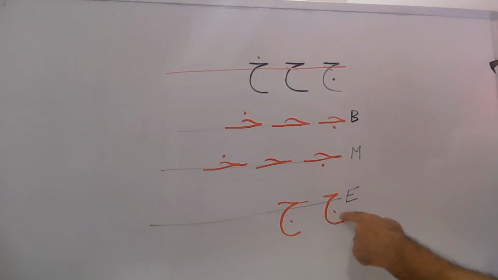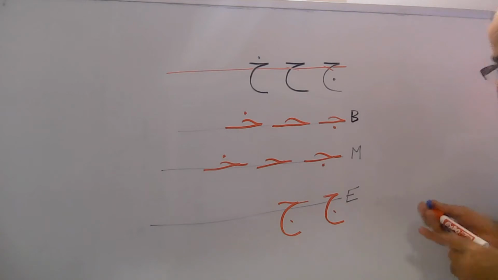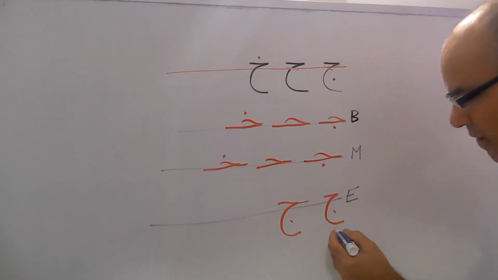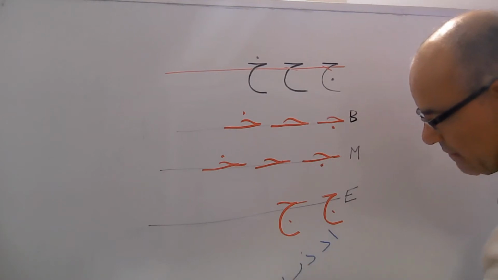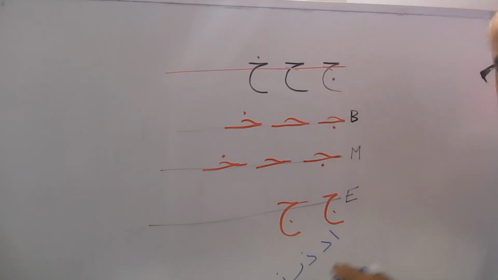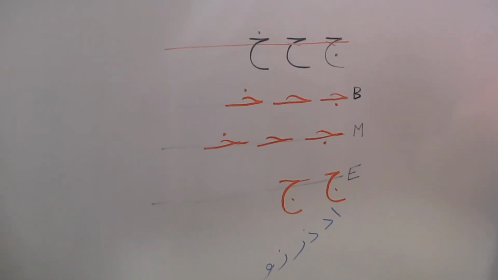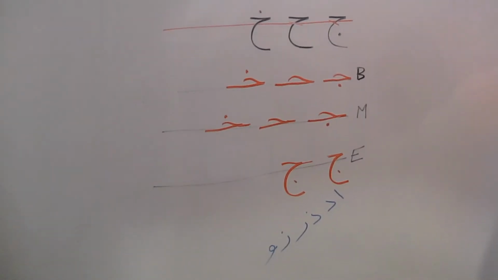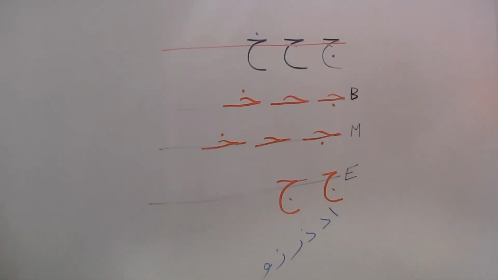This one, without any connector, of course, comes after one of the 6 letters Alif, Dal, Dal, Ra, Zay, and Waw. Do you remember what those letters are? Those are the 6 letters that do not connect with any letter that comes after.